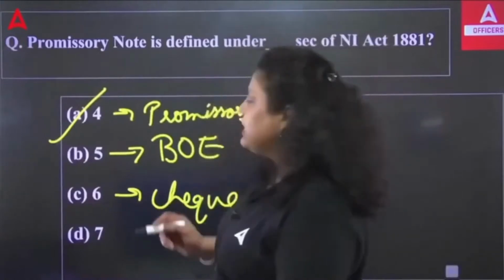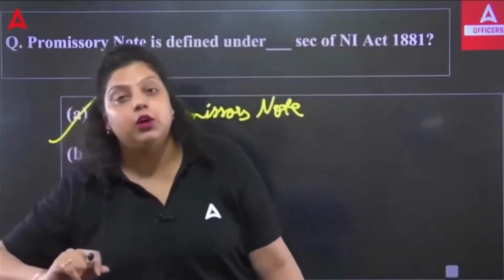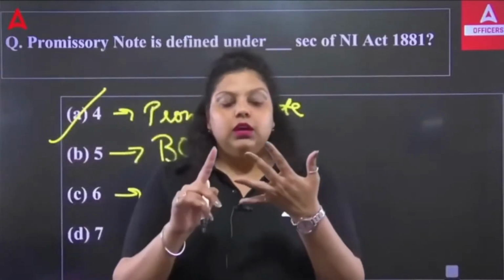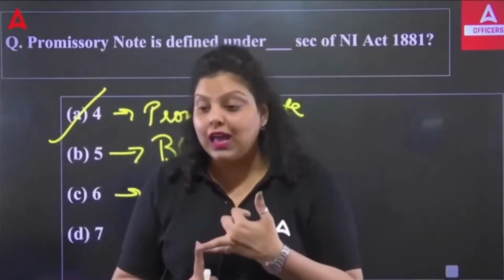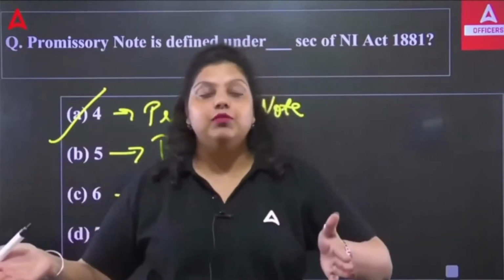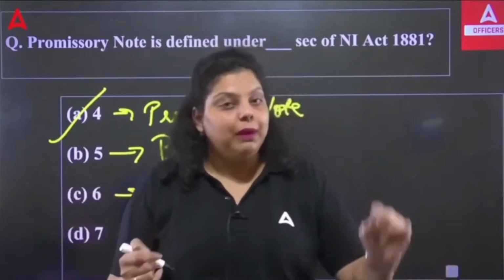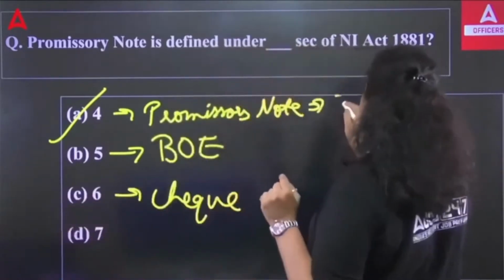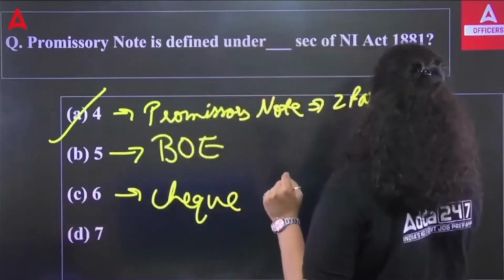Now, promissory note and bill of exchange are similar documents. They are both documents in writing. They both promise to pay a certain sum of money to a certain person. But there is a difference. The difference is that in the promissory note, two parties will be involved.